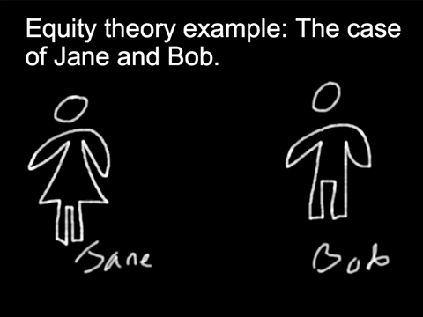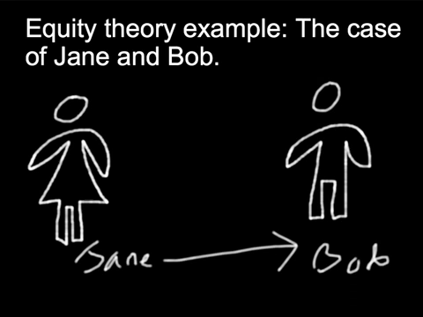Now, her referent other is Bob, who's in her department, and she feels as if Bob gets more outcomes for an equivalent amount of input. So Jane is feeling like she is getting less out of the job for the same amount of work or the same amount of inputs. So what might she do to restore balance?